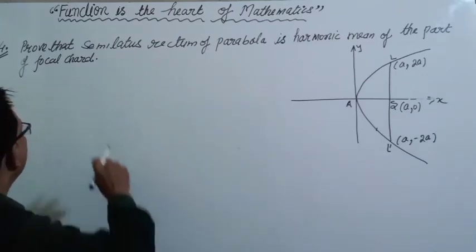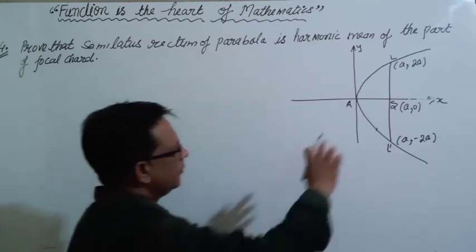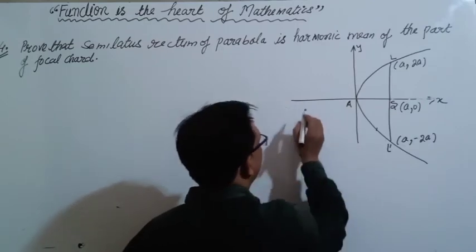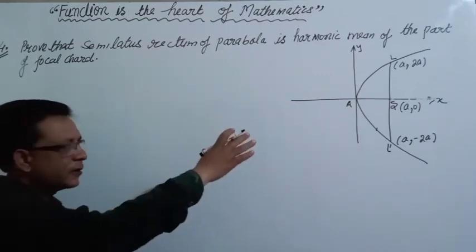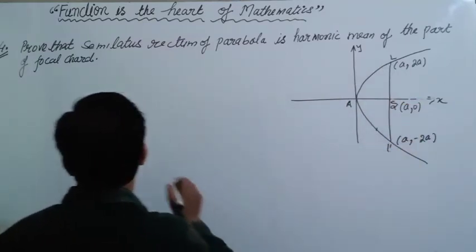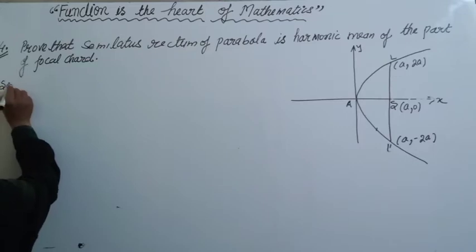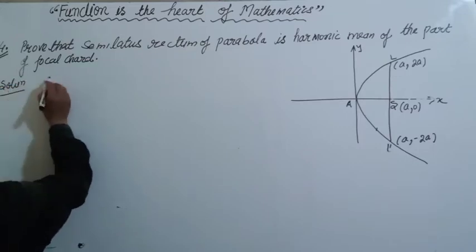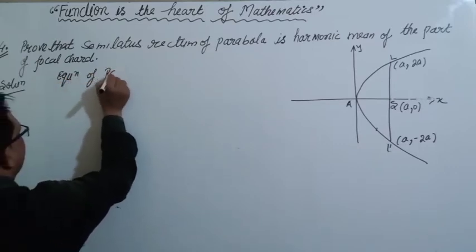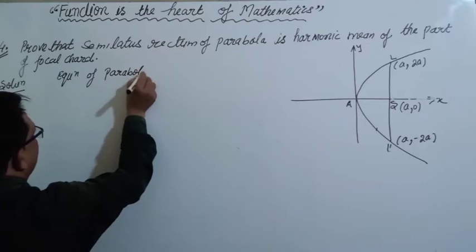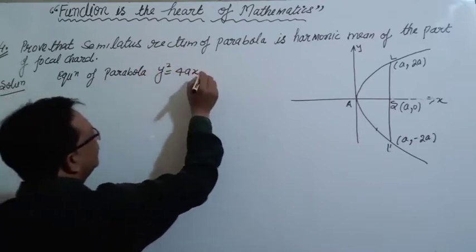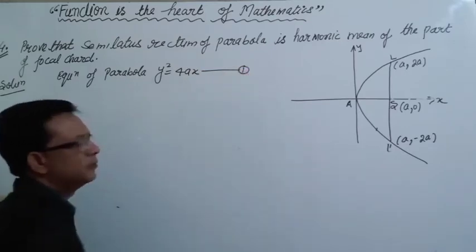Okay. So we are going to prove something about the semi-latus rectum. This is LS. LS is the semi-latus rectum. LL dash is the latus rectum, and LS and SL dash are the semi-latus rectum. Let's solve this question. First we write the equation of the parabola: y square is equal to 4ax. This is the standard equation of the parabola.